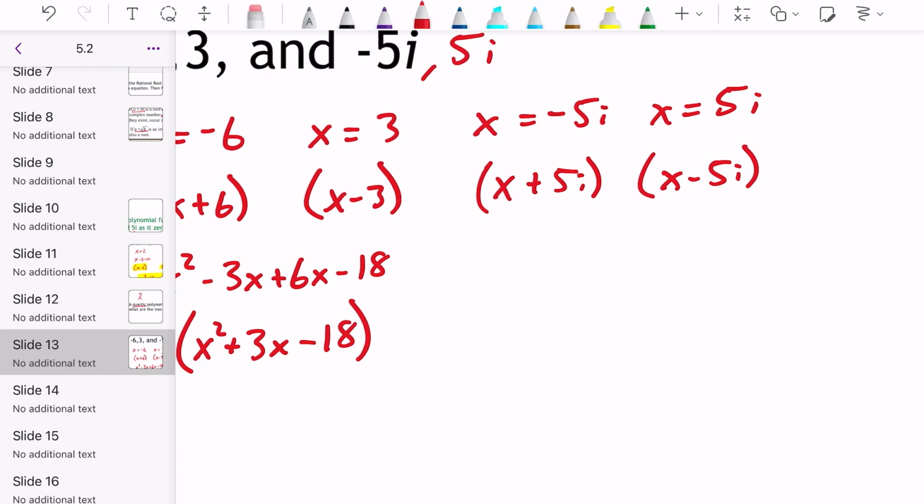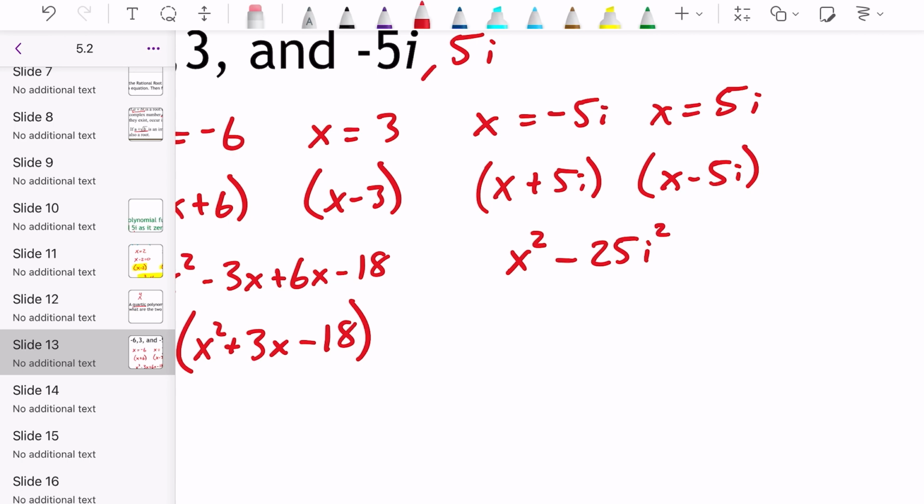On the right-hand side, because it is a difference of squares, x times x is x squared. Positive and negative would give us a negative. 5i times 5i would give us 25i to the second power.